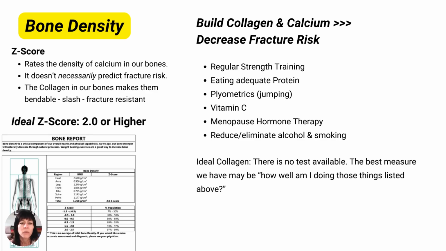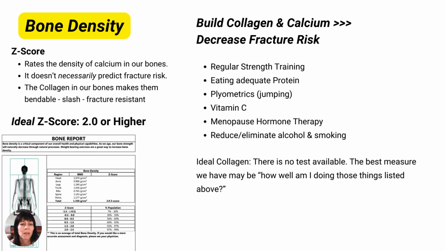Just like previous pages, we are looking at regular strength training, eating amino acids that help build our collagen, and plyometrics, so jumping a bit. 20 hop jumps a day was something someone recommended recently, and it sounded totally reasonable. Just up and down 20 times a day, even if it's not with your legs, you can bounce with your arms on a wall.